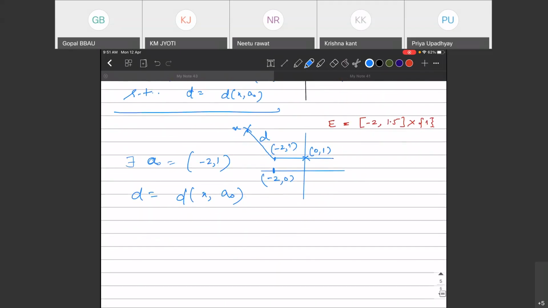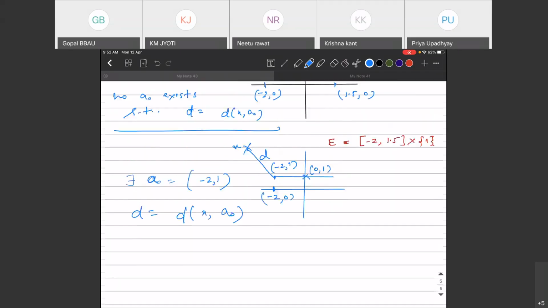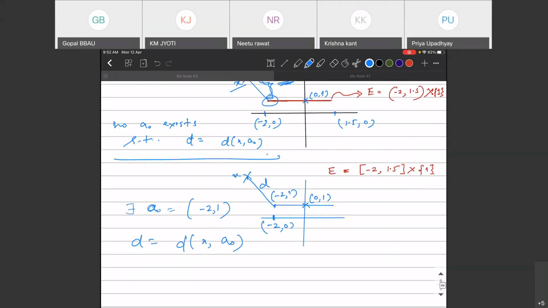So in this case there exists a point. In these two examples, in one case A naught does not exist, in the second case A naught exists and it is unique.